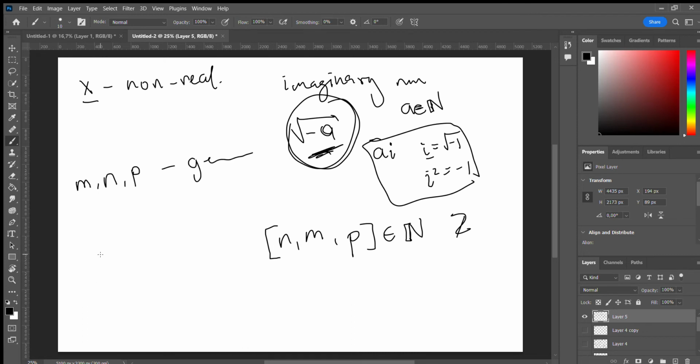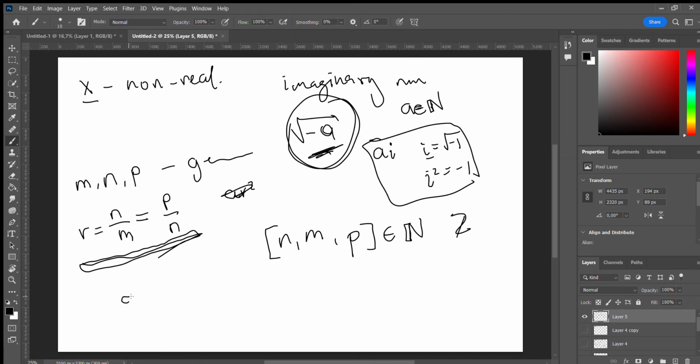A couple of videos ago, we learned what a geometric sequence is. It's that r equals n over m, which equals p over n. Interesting. This is a very interesting thing. We know this is the thing with geometric sequences.